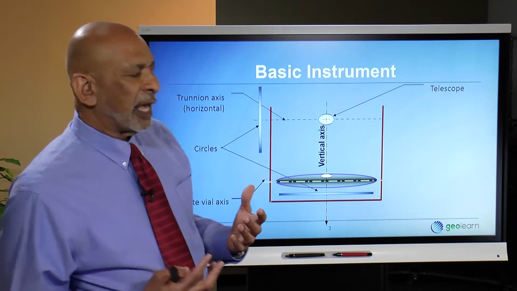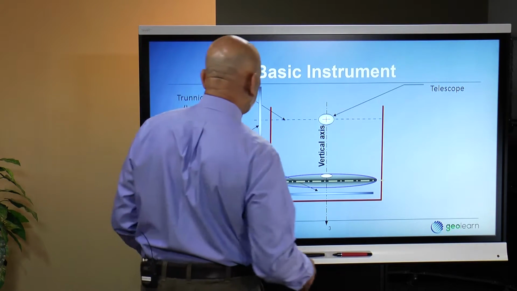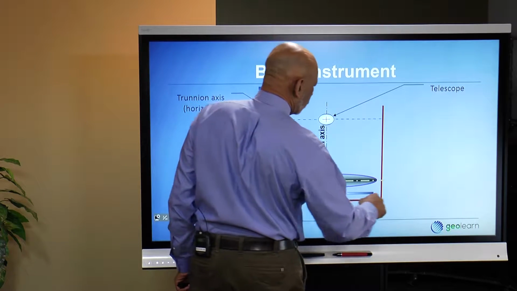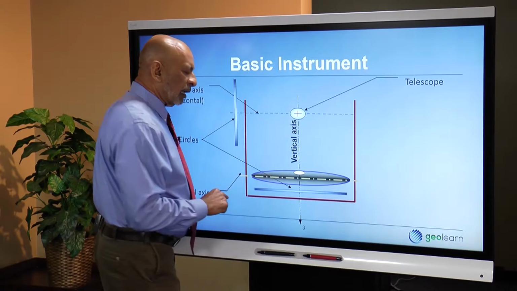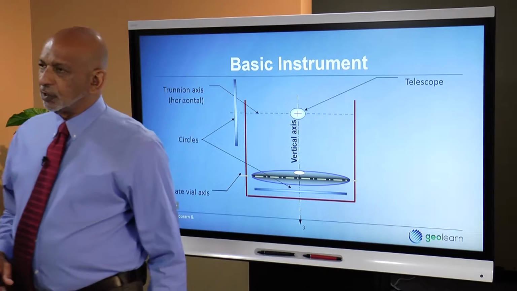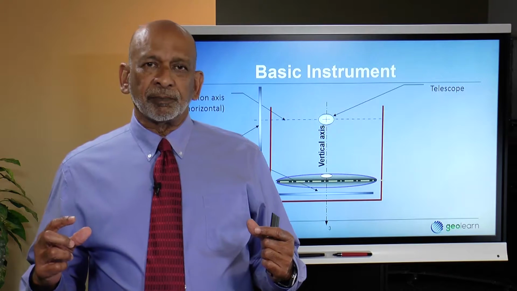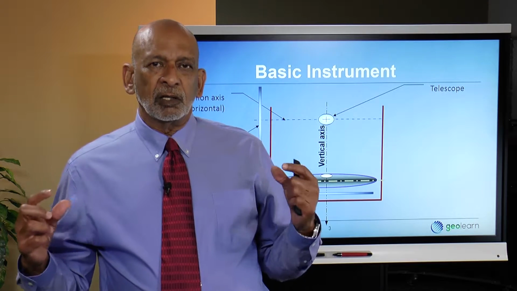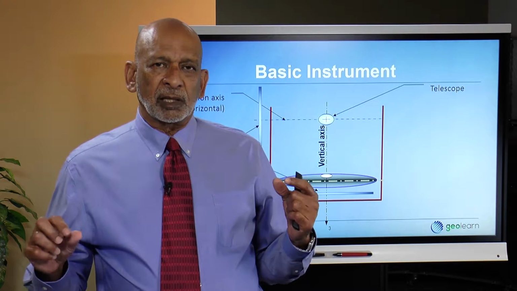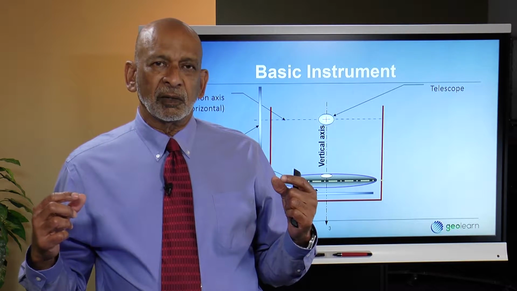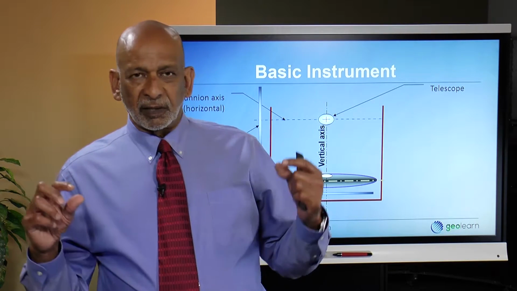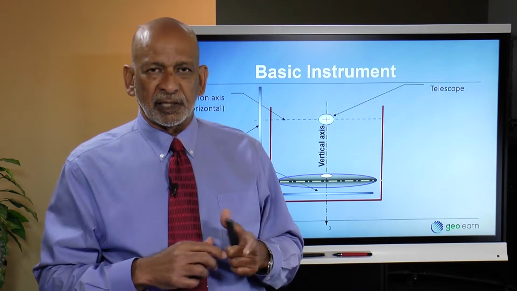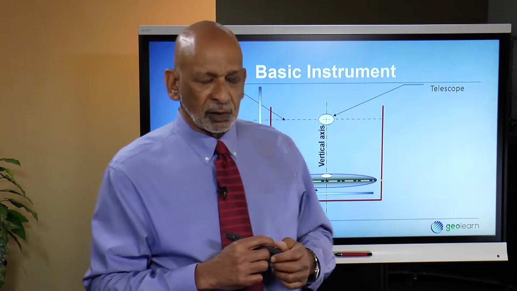And so to do that, we have some kind of a leveling system, and the most basic of that is some kind of a bubble in an enclosure which is usually made out of glass. The glass is curved on top so that the fluid, which has a bubble in it, will always tell you that you're level when that bubble is centered in its enclosure.